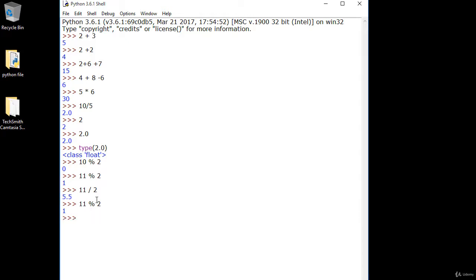It was pretty hard to get an actual value from division in manipulations. But Python 3 or later provides exactly what the division is, and it is very easy to say that 11 by 2 is 5.5, and it has provided a good example.